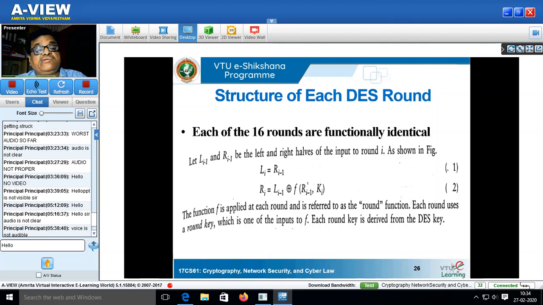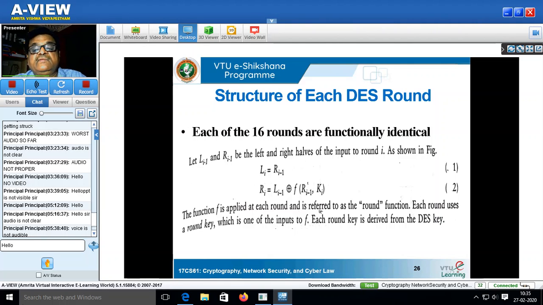Let L(i-1) and R(i-1) be the left and right side of the input to round i. Means from the earlier round, what we are getting becomes the input to the next round. So L(i-1) and R(i-1), 32 bit and 32 bit output of the earlier round, are becoming input to the next round.